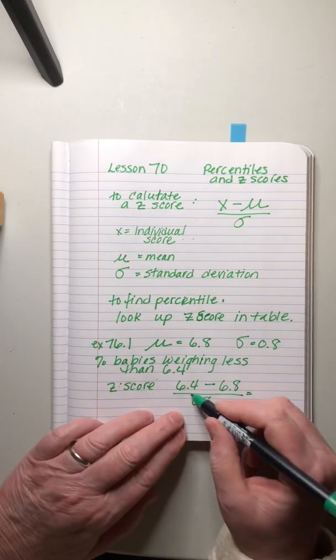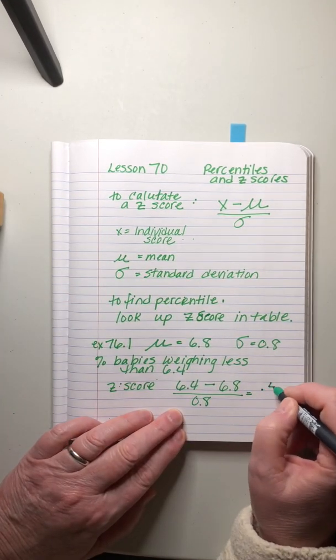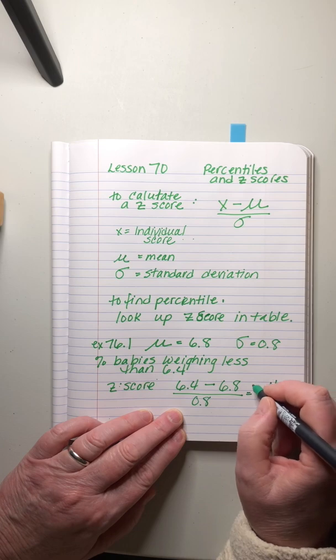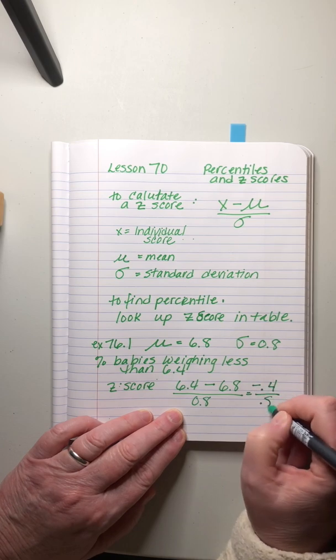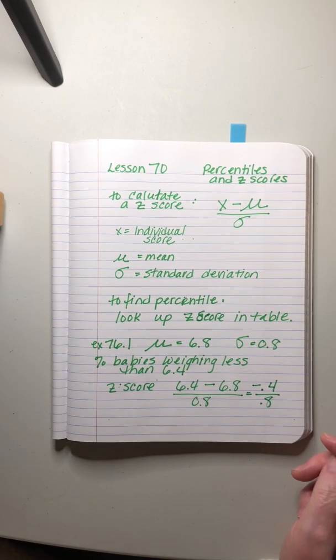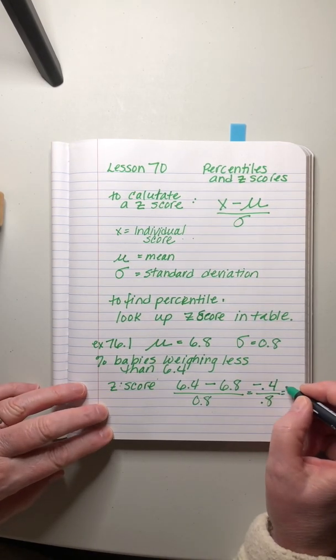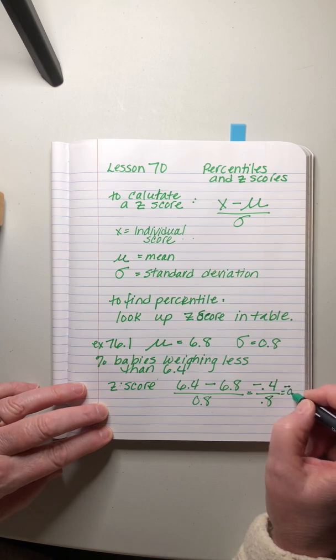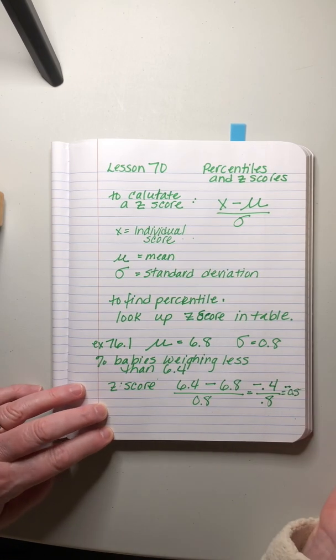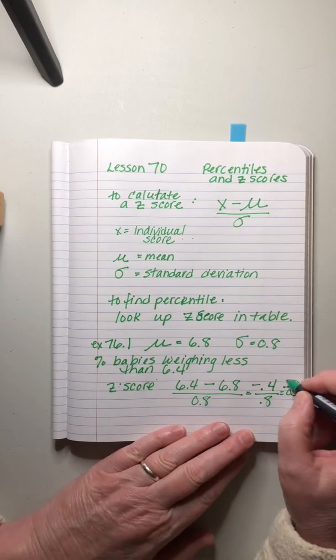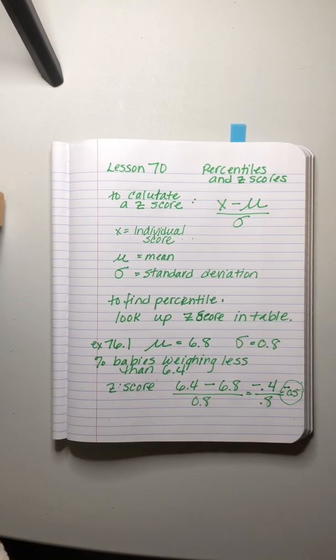So in this one, it would be negative 0.4 over 0.8. Make sense? And that simplifies to negative 1/2 or negative 0.5. So now we know this is our z-score, minus 0.5. So now we go to our table here.